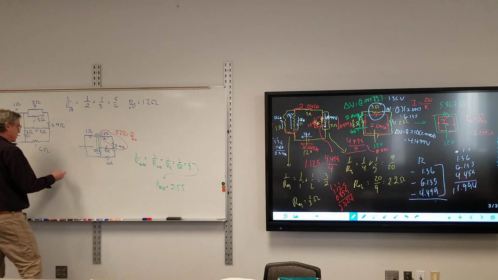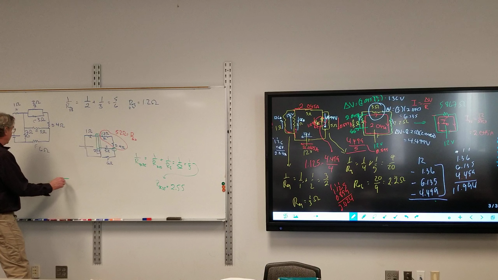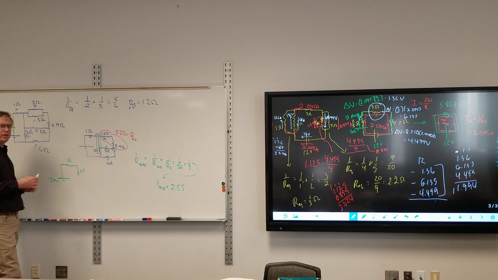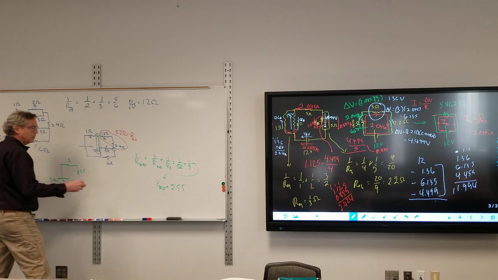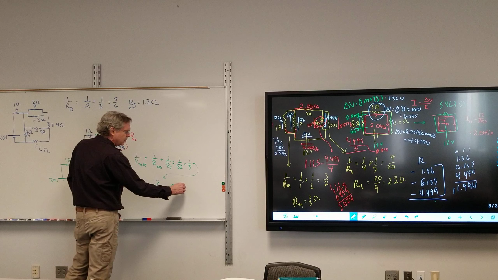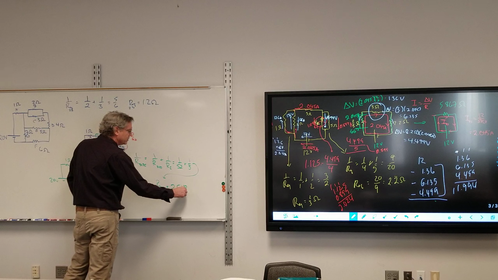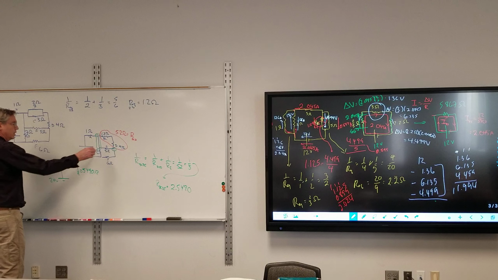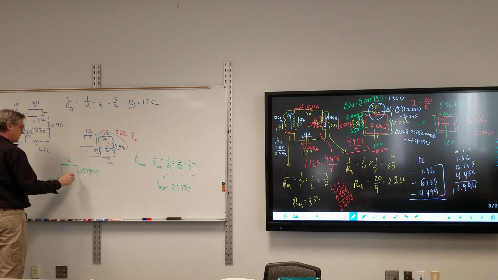All right, so my circuit has now been reduced to: I've got my 20-volt battery here, I've got my 1 ohm resistor there, and I now have a 2.5, to 4 decimal places, what would it be? 2.5490 ohms. So that takes the place of that. And then that splits across the 6 ohm.